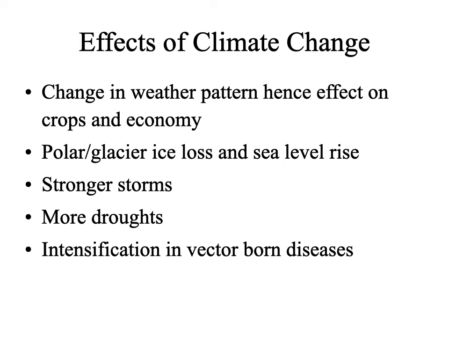As per the IPCC, there could be stronger storms. Again, it is a serious problem for India because we are surrounded by oceans on three sides, and some strong cyclones have been observed in recent years. So, if somehow we are not able to minimize the effect of climate change, this is going to be a serious issue.